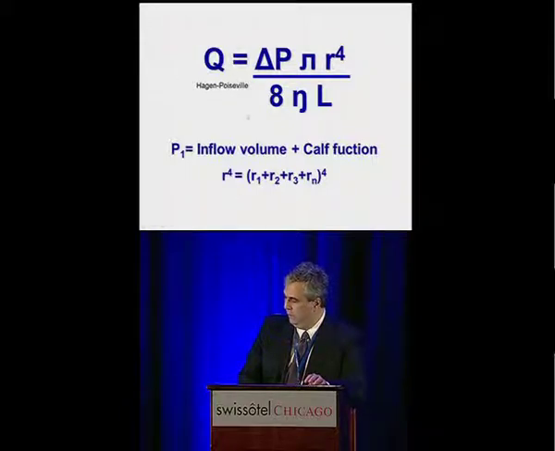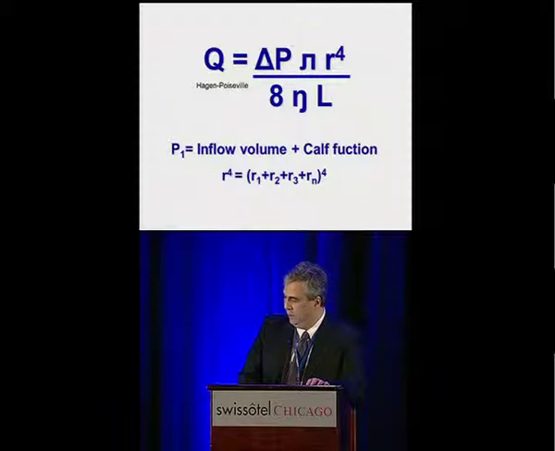There's a mathematical function that shows us that you need a pressure difference, you need a radius, you need to treat the length of your occlusion, and you need to pay attention to the viscosity of the blood that you're treating.